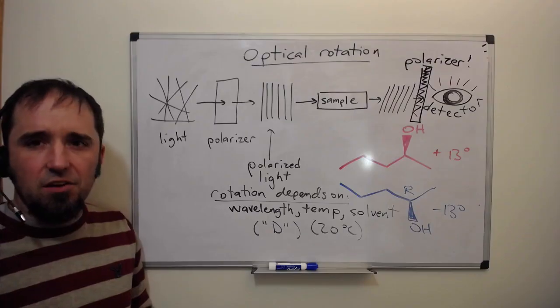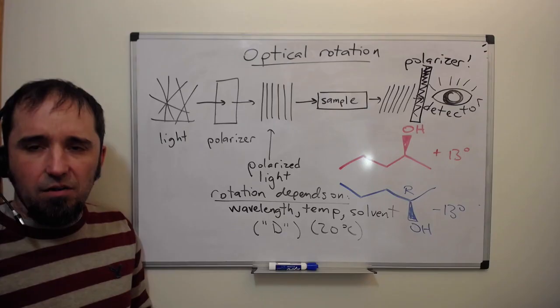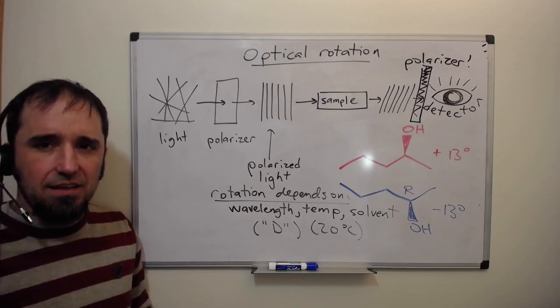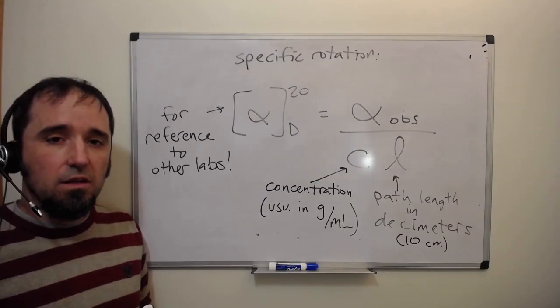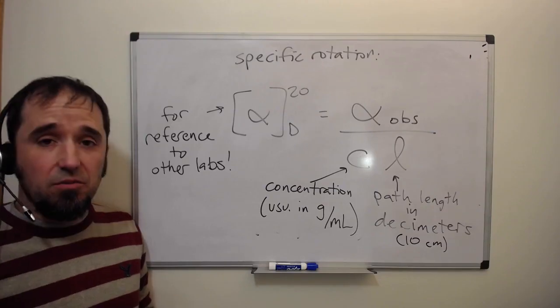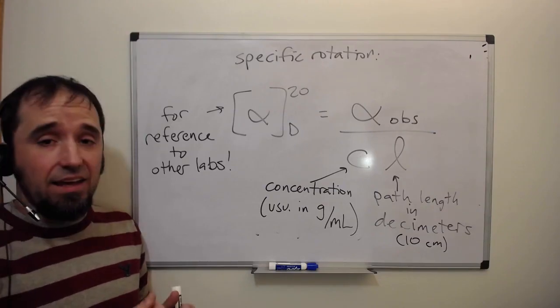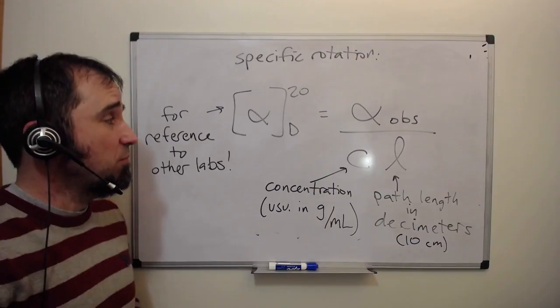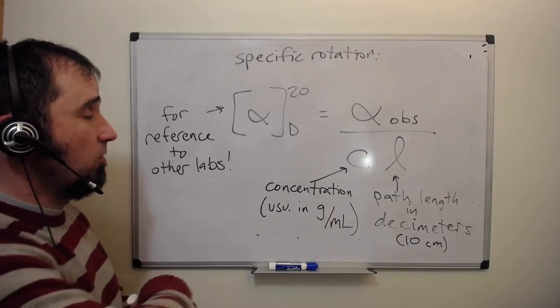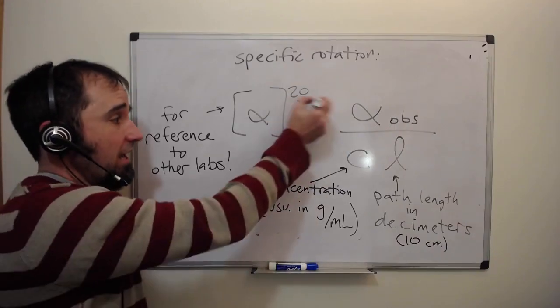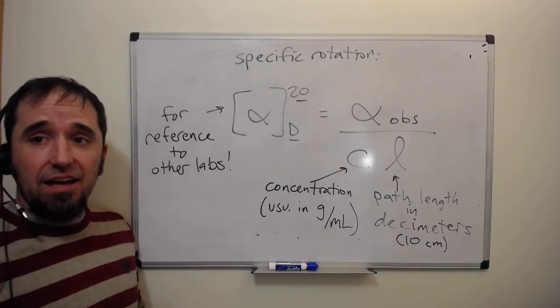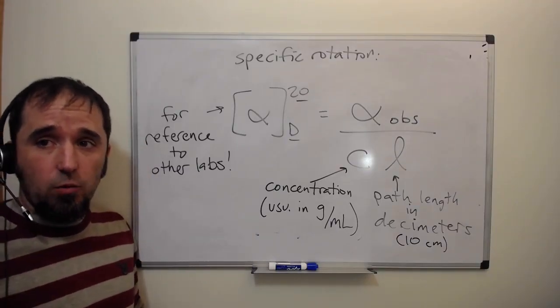It's also dependent on the solvent. So when you look it up, they'll usually specify what solvent it's taken in. The numbers we look up for these things are called specific rotation. I mentioned that they depend on the temperature, so usually you'll see this alpha with this 20 for temperature and this D for the sodium D line. That denotes, again, temperature and the wavelength.